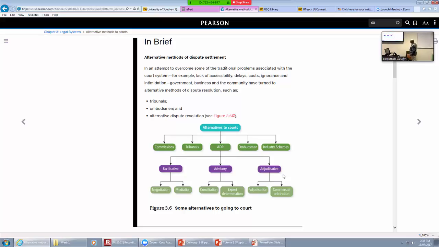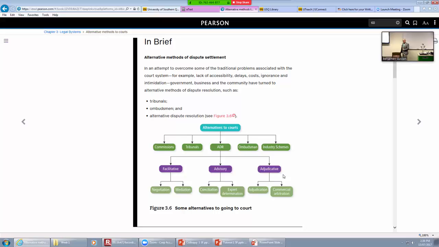Our interest in ADRs, so ADRs have 3 different types of categories. And these really depend on the nature of the conflict. One of them is what we call facilitative. So the idea is that either you go and talk to the other party without the intervention of a third party between you.